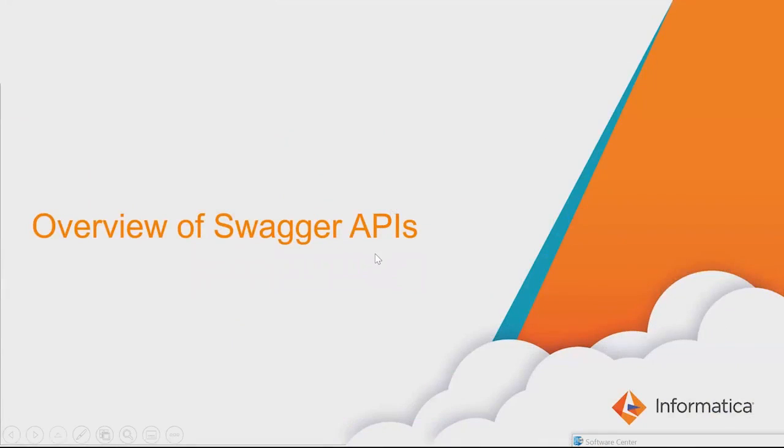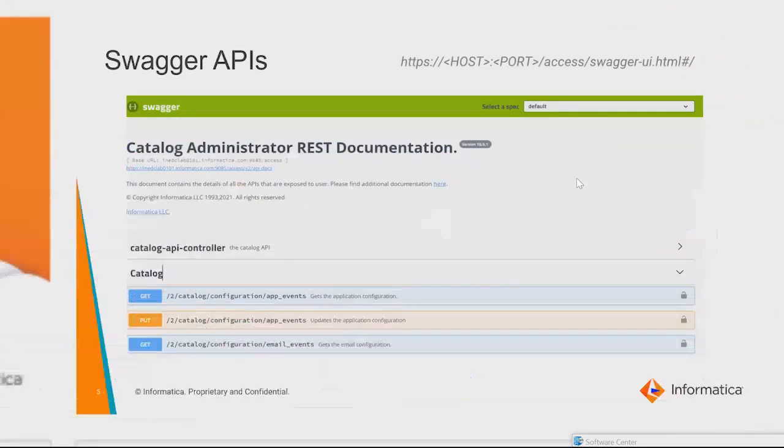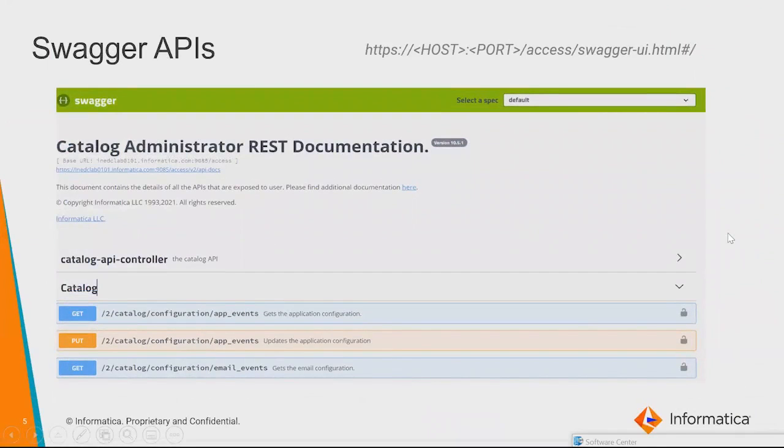So, an overview of Swagger APIs. This is how the Swagger API looks. We have received multiple requests about how to access these APIs and where they are in the EDC tool. Here is the one I'm showing.